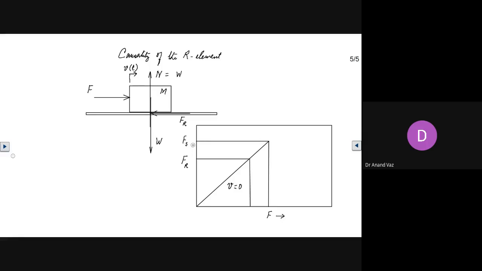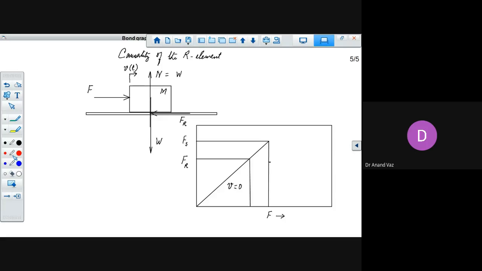Let's just keep it as Fs, our static friction. Thereafter, the force will suddenly fall and come to a stage, let's say over here, or maybe a little lower.